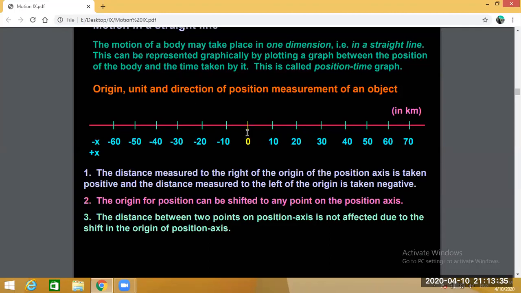If we move from this 0 to this side, the positive calibration will be there, and on this side negative calibration will be there. So movement along this side will be forward motion, and movement along this side will be backward motion or reverse motion. So distance measured to the right of the origin, we say this as origin and denoted by O.